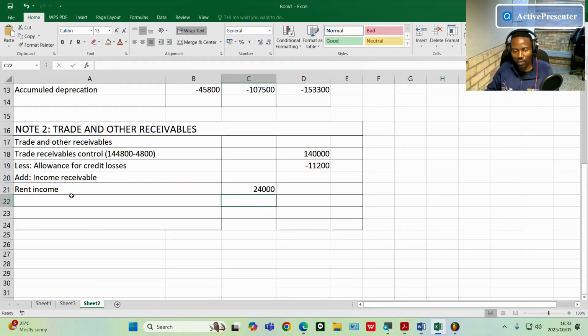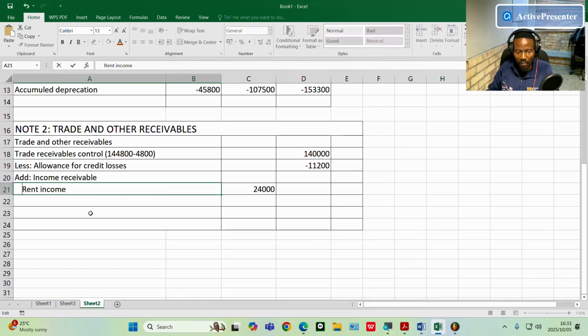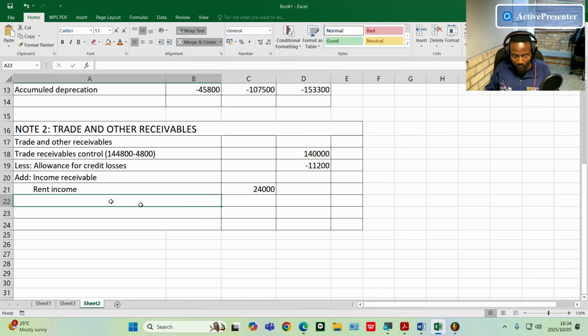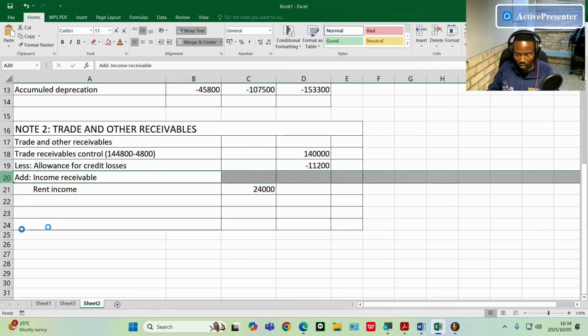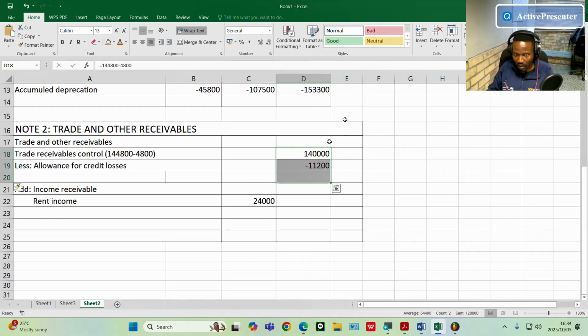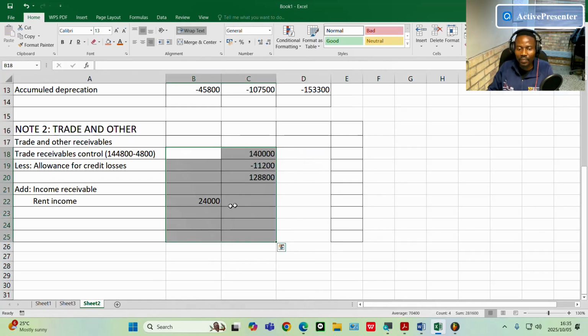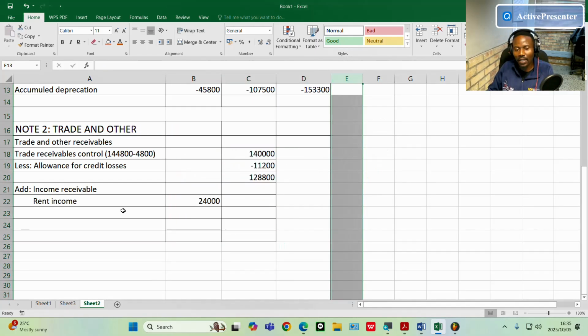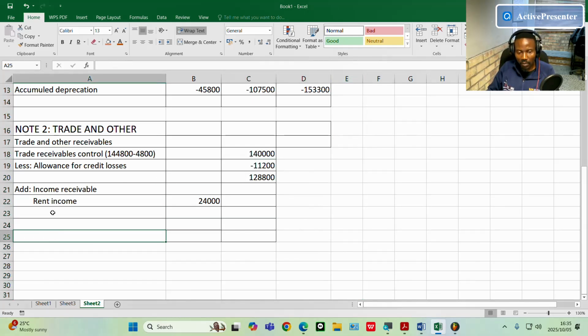So this is still receivable, hence the income receivable is 24,000. We could have more income that could be receivable, which is why you list it here, then you put the total here.